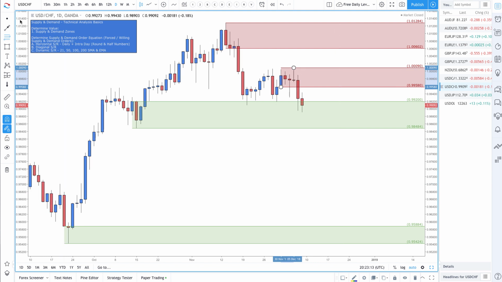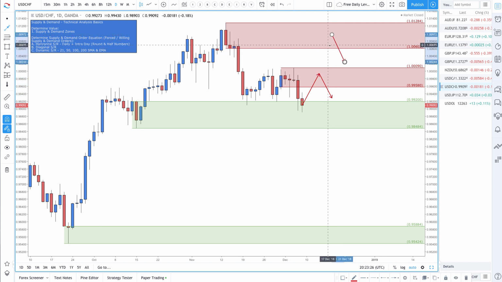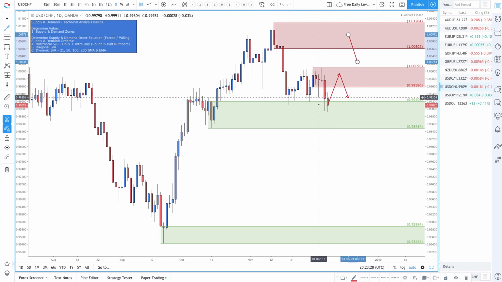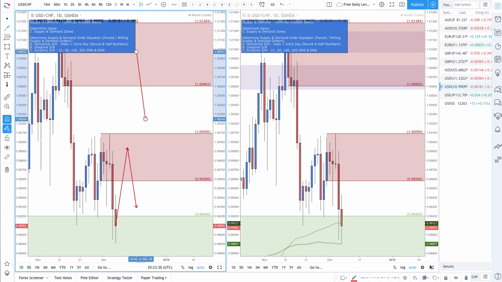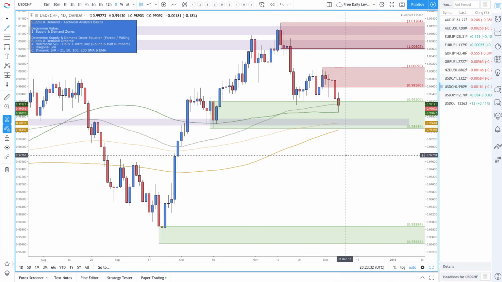So if you're looking to be a buyer, then you'd be looking at anywhere around now. If you're looking to be a seller, you're looking at that area there to look to get short, or that area there.